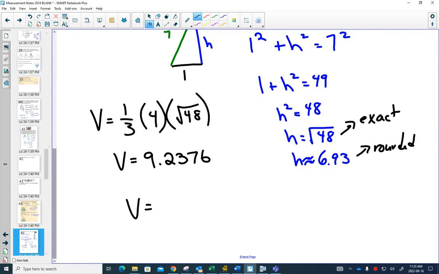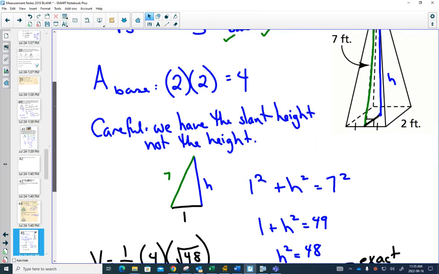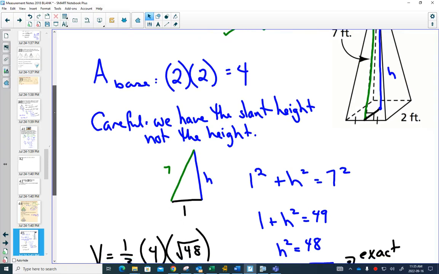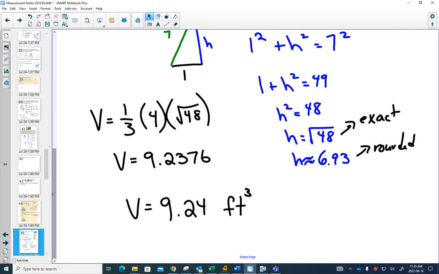So you can round, right? Maybe you feel like, I think 2 decimal places would be enough. I need to include my units, which were feet. And now I have feet cubed. Because volume is always cubed, and because our units in the original picture were feet, our answer is going to be in feet cubed.